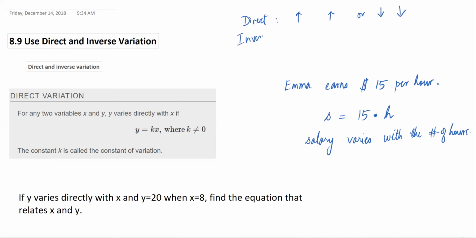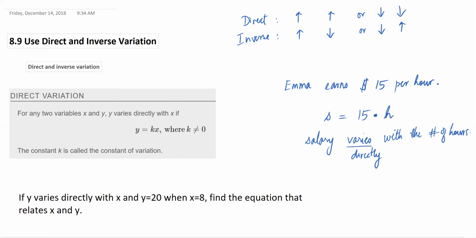With inverse variation, as one increases, the other decreases, or when one decreases, the other increases. Coming back to the salary, does the salary increase as the hours increase? Yes. Does the salary decrease as the hours decrease? Yes. So this is a case of direct variation. It varies directly.